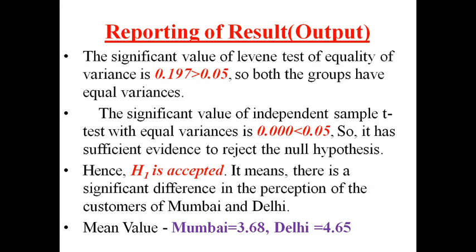Hence, H1, our alternative hypothesis, is accepted. What does it mean? It means there is a significant difference in the perception of the customers of Mumbai and Delhi. From the mean values themselves, you can see the Mumbai mean value is 3.68, so it is between somewhat disagree and neutral, whereas the mean value of perception of Delhi is 4.65, so it is between neutral and somewhat agree. So there is a difference, and our alternative hypothesis is accepted.